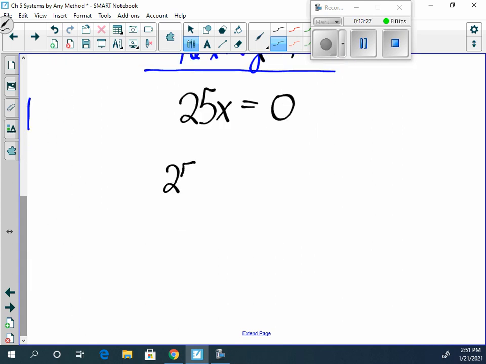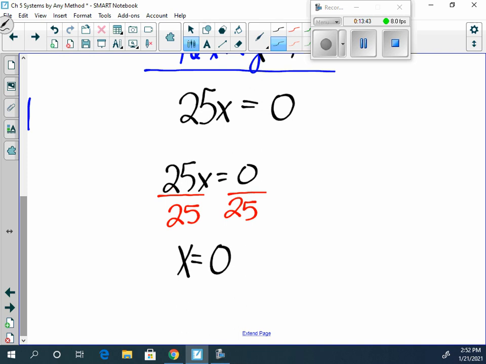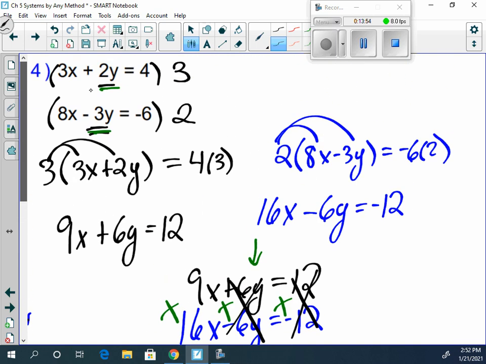I'm going to take 25x equals 0 and divide both sides by 25. 25 divided by 25 is 1, so I'm left with x. 0 divided by 25 is 0. So we have the value of x, but what do we still need? The value of y, yes? Okay. Right?